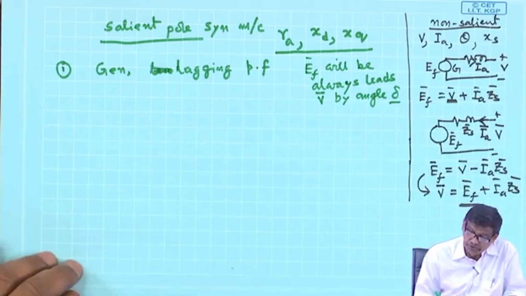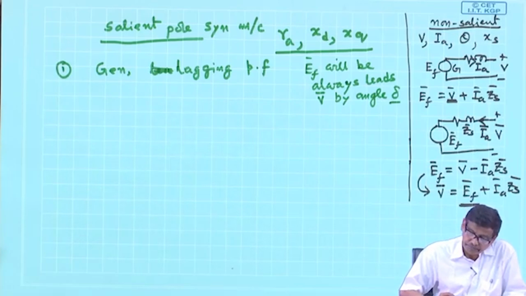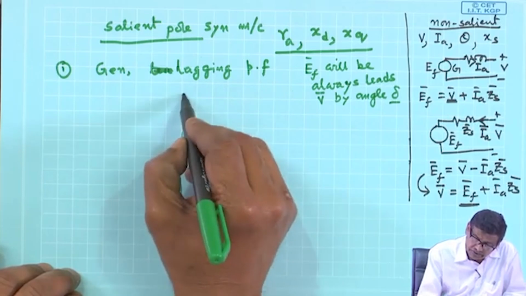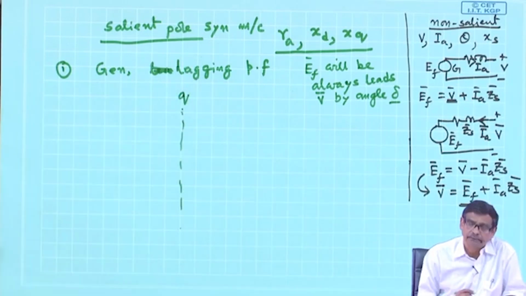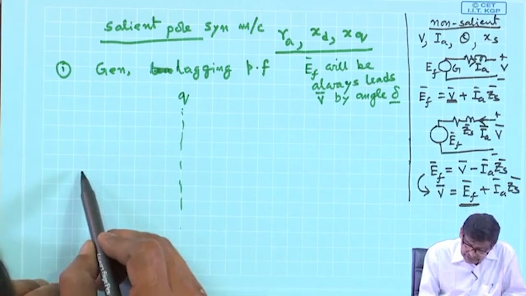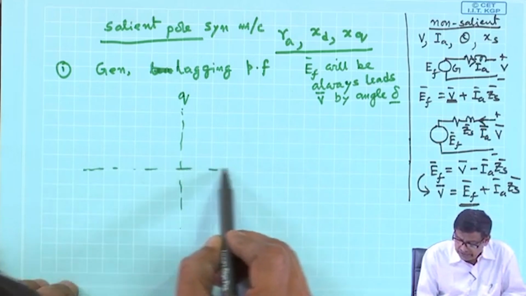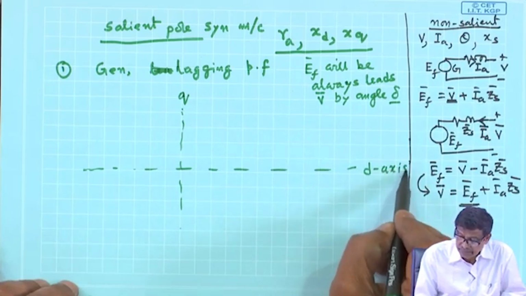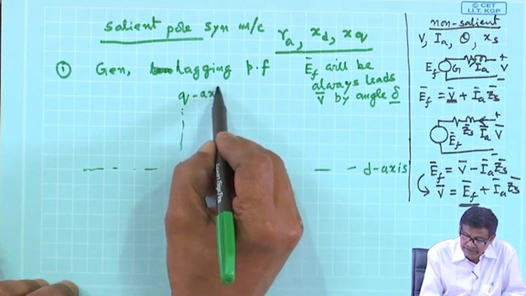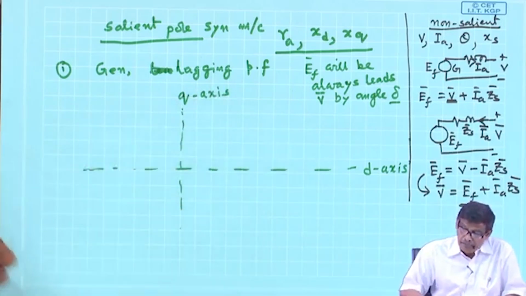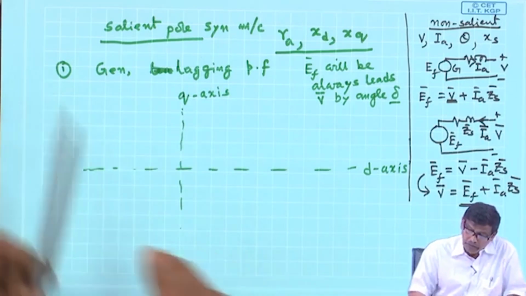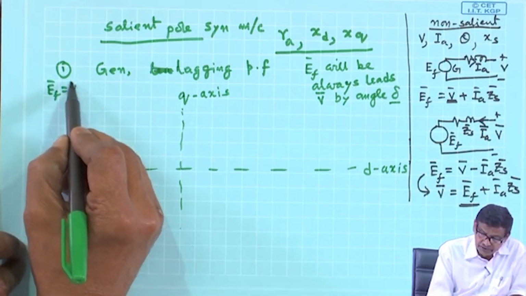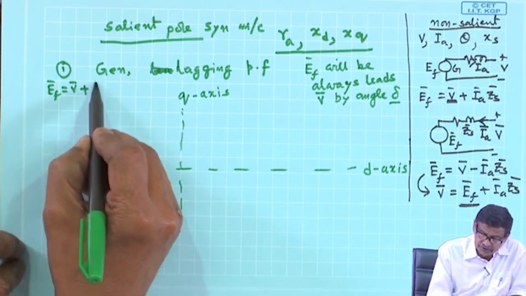Now what you do first is that you assume this vertical line to be your q axis. Then the d axis is fixed, this is the d axis, this is the q axis, these two axes get fixed. Now, in case of generator, Ef addition-wise will be V plus the drops.